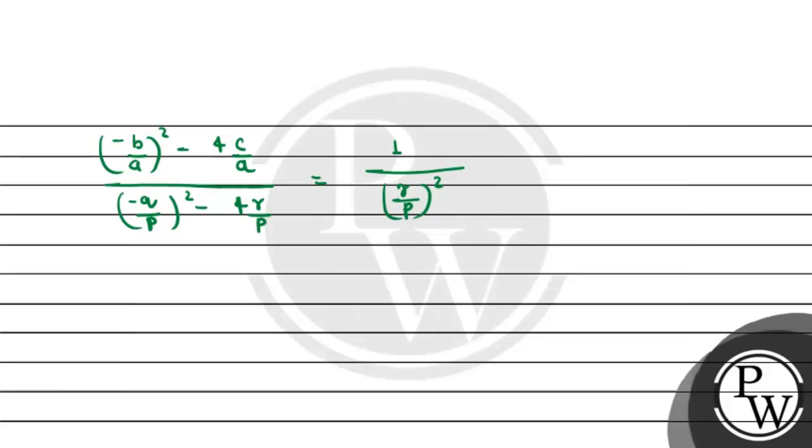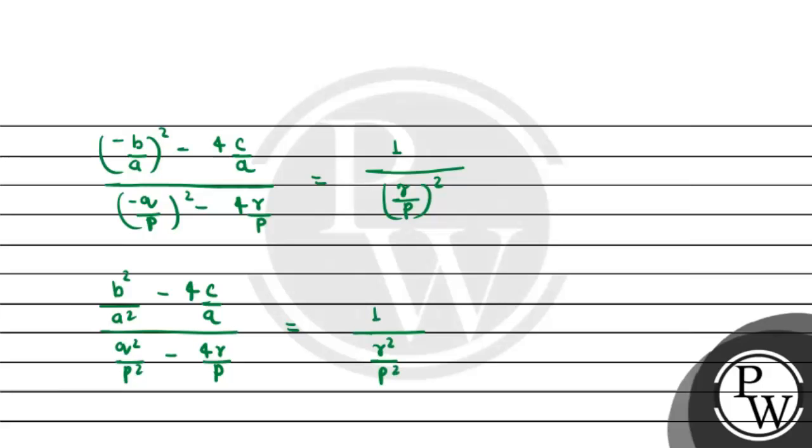Now let's solve this equation. Then we have b square minus 4ac upon a square, upon q square upon p square minus 4 r upon p, equal to 1 upon (r upon p) whole square.